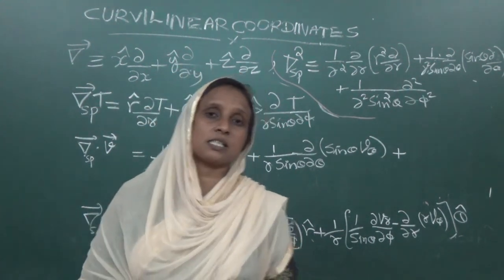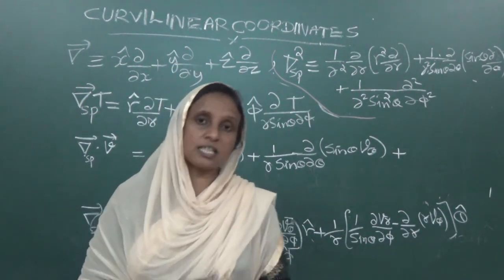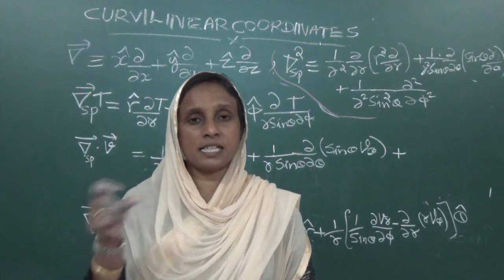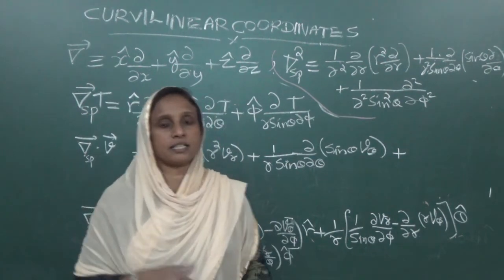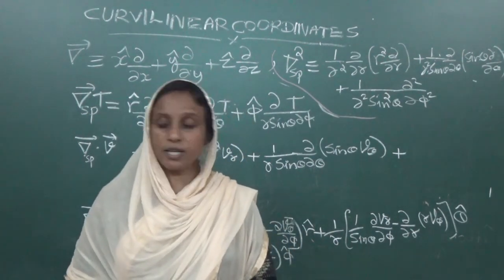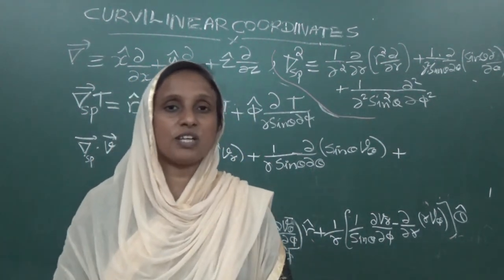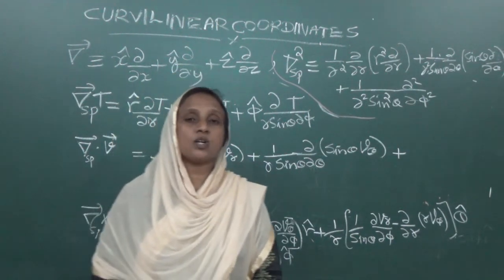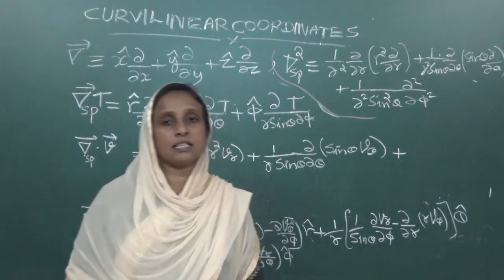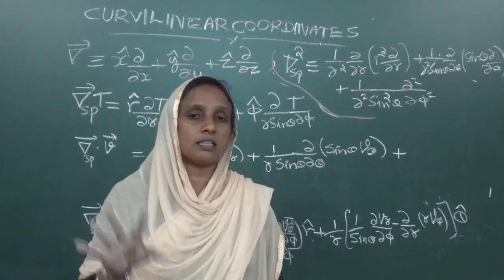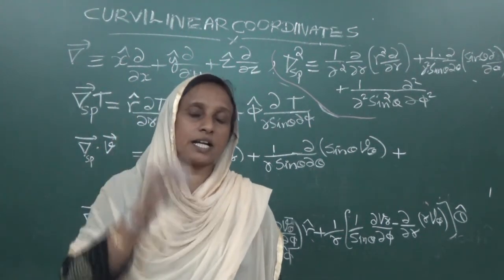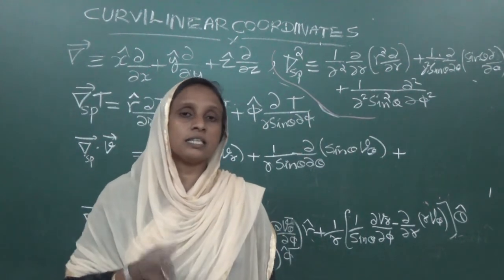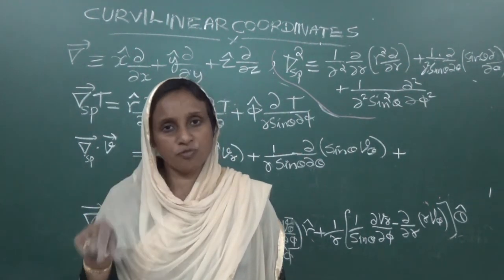So you can write all the vector differential operators of the Cartesian system using spherical polar coordinates. If our physical system has spherical symmetry, it is always easier to use the spherical coordinate system than the Cartesian system. So in this lecture we learned about the spherical coordinate system. We see that we have three coordinates r, theta and phi. r is pointing along the radially outward direction, theta along the increment of theta.